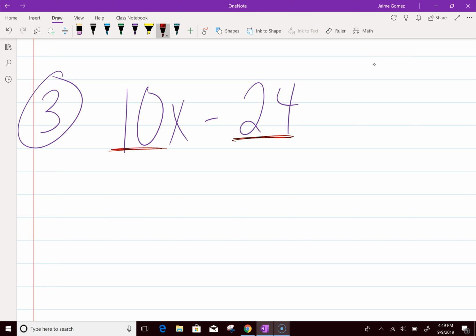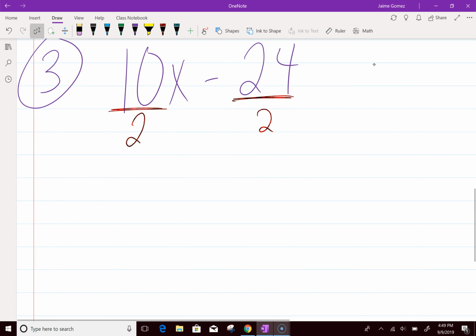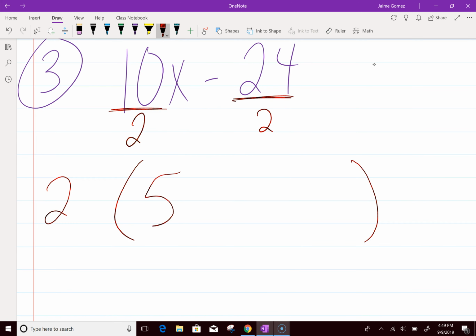I can divide a 5 out of 10, not out of the 24. I can divide 6 out of 24, but not the 10. So the highest number that I can divide out is 2 between the both of them. 2 goes on the outside. 10 divided by 2 is 5. Don't forget the x. Minus sign. And 24 divided by 2 is 12. There you go.